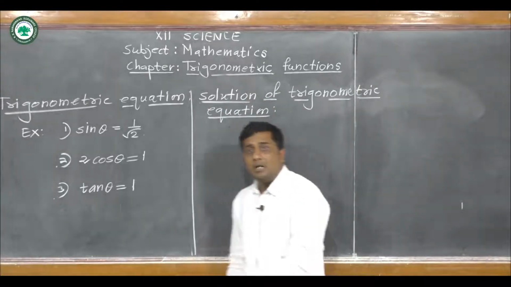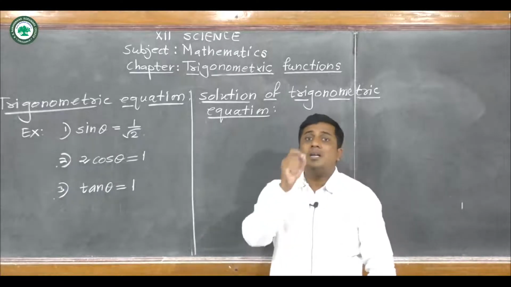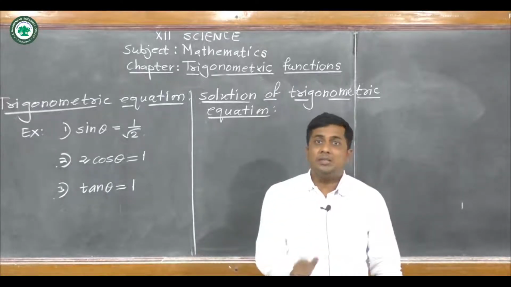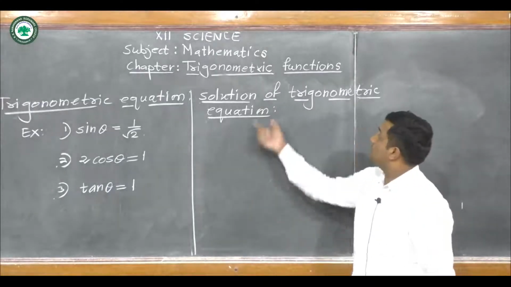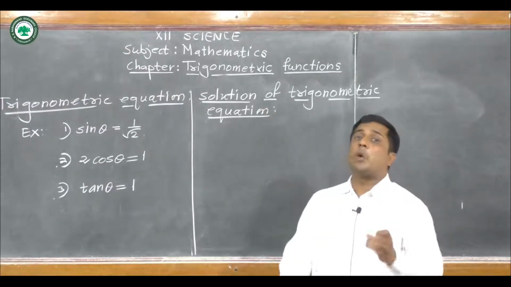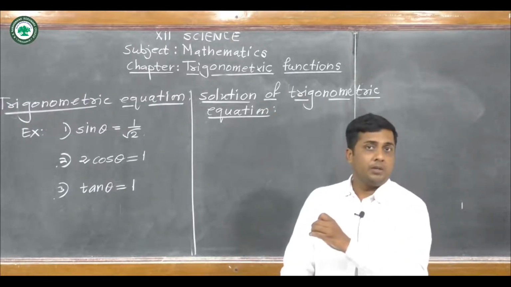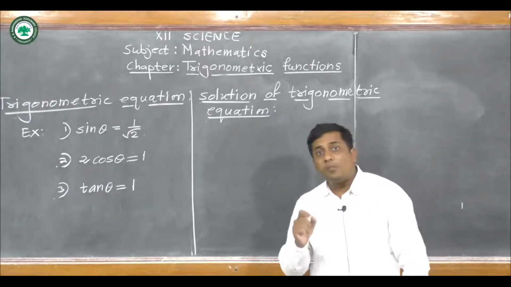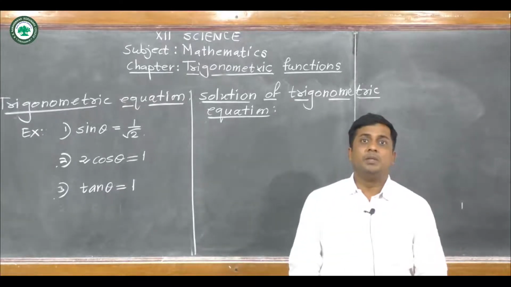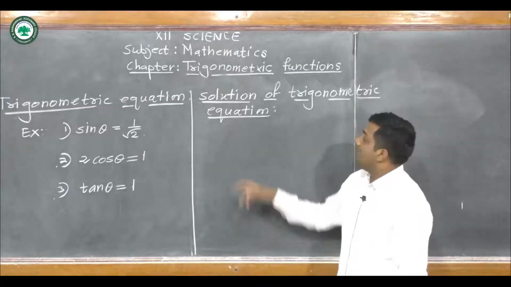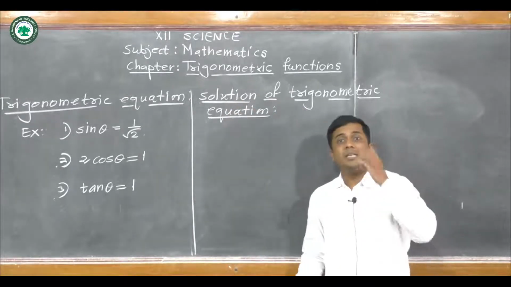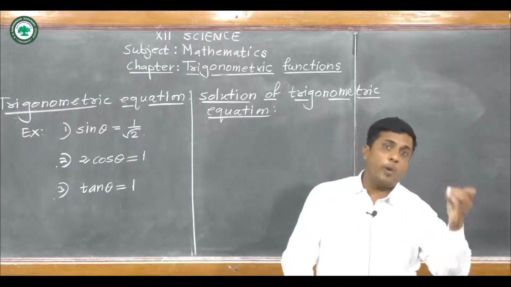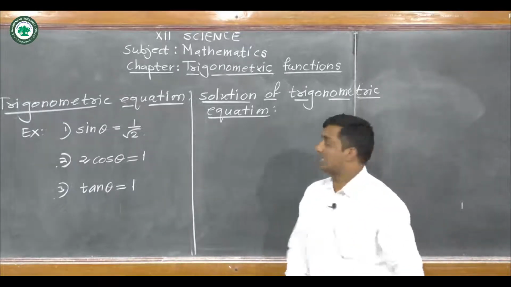A variable which satisfies the given trigonometric equation is the solution of the given trigonometric equation. Remember again, a variable which satisfies the given trigonometric equation is the solution of the given trigonometric equation. Let us consider an example.